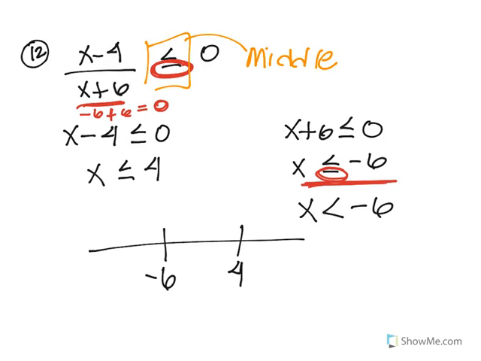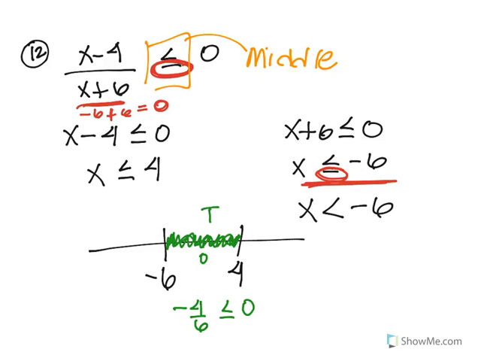But if you wanted to test 0, it would test your middle. So if you plug the 0 in for those two x's, you're going to get negative 4 over 6. Is that less than 0? Yes. Any negative number is less than 0. So this is true. So this is where my shade would be, in between them.